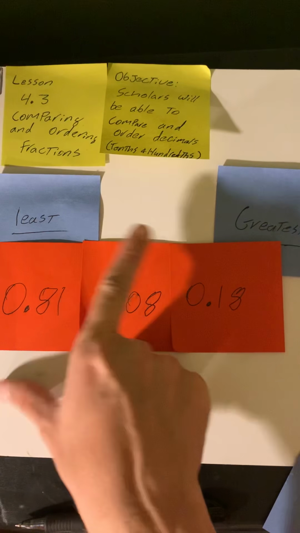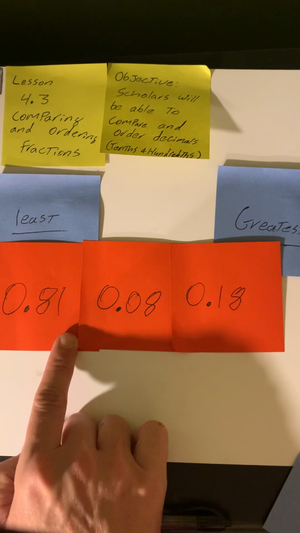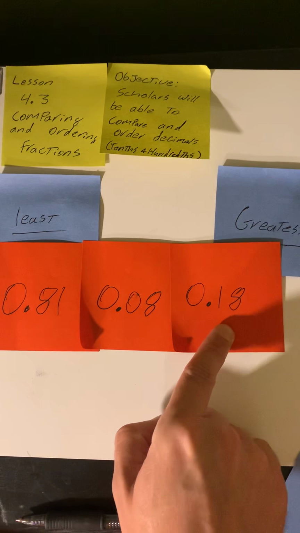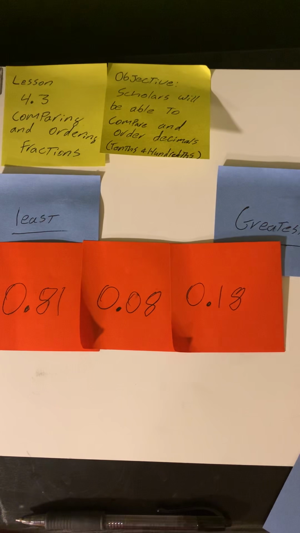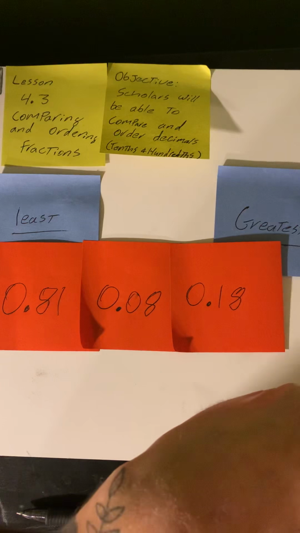Organize from least to greatest: 0.81, 0.08, and 0.18. Organize these 3 numbers from least to greatest.